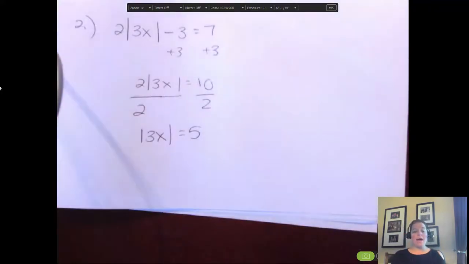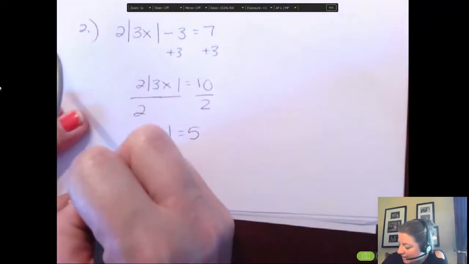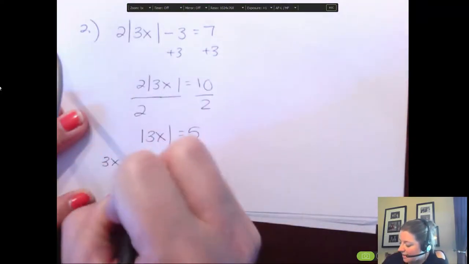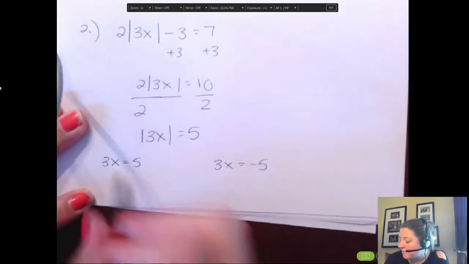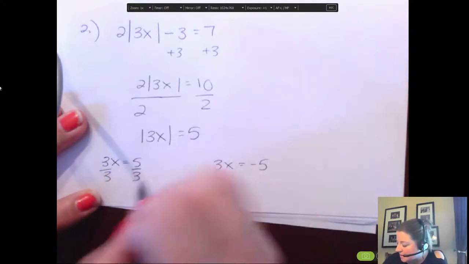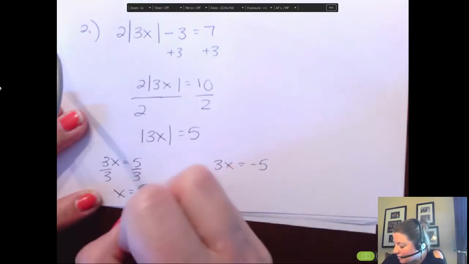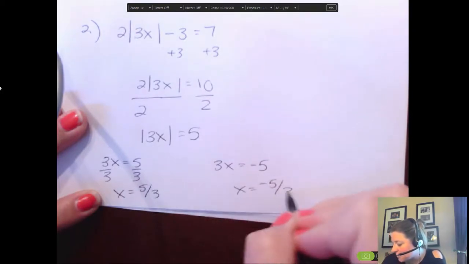Now that I have the absolute value by itself, I can find my two solutions. Write down exactly what you see, and then 3x equals the opposite, negative 5. Divide by 3, and we're going to get some fractions because I made this up. So x is 5/3 and x equals negative 5/3.